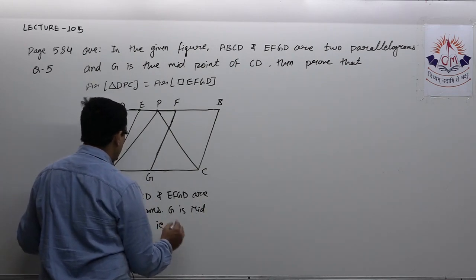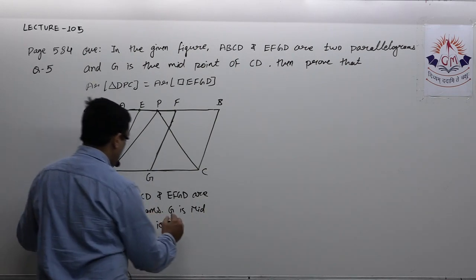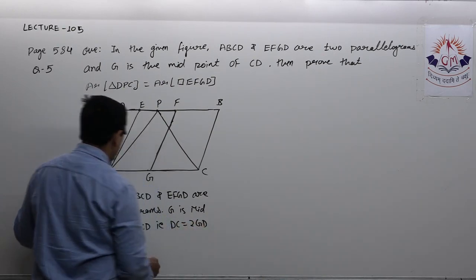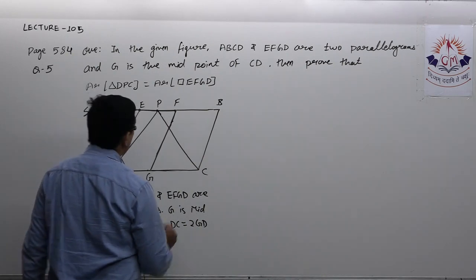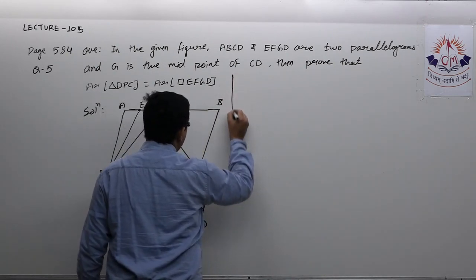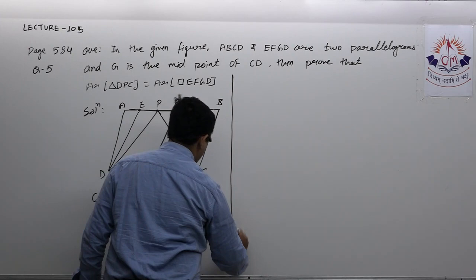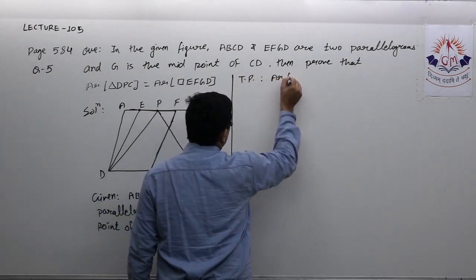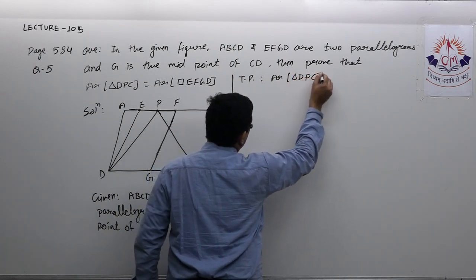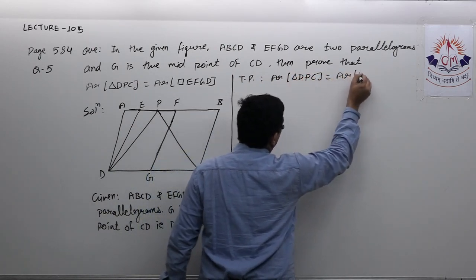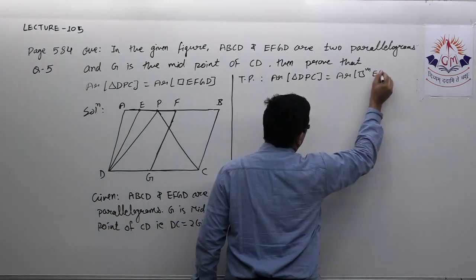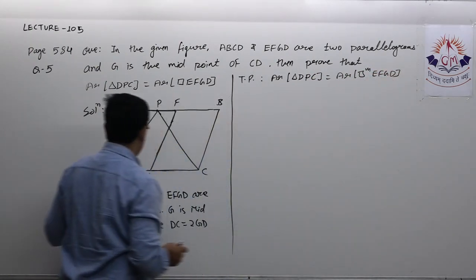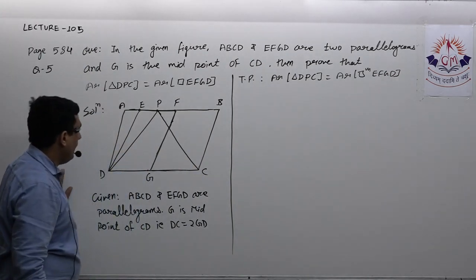That is, I can write DC is equal to twice of GD. Okay, we have to prove that area of triangle DPC is equal to area of parallelogram EFGD. Okay, so how to prove this?